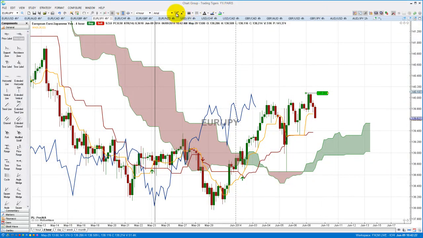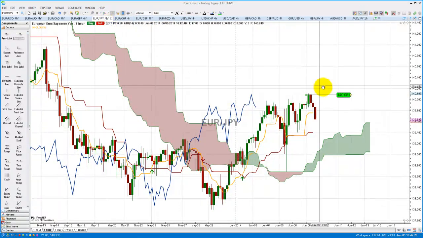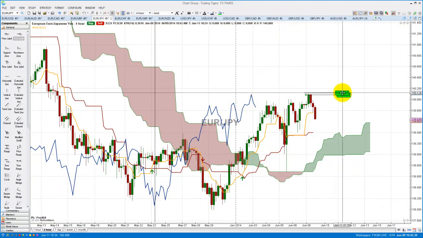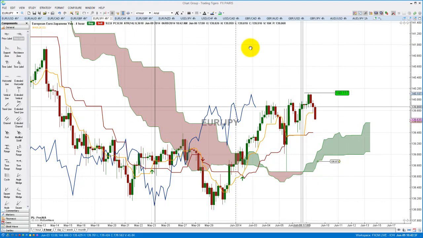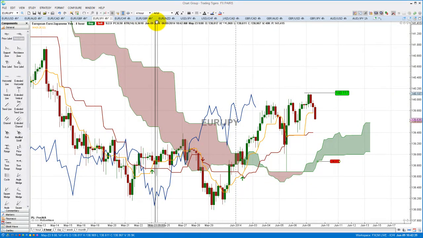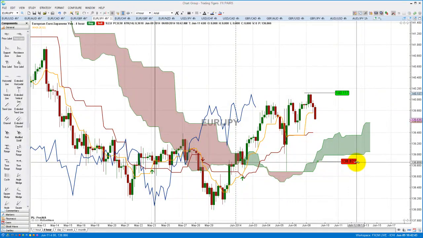That's more of a breakout strategy, but that'd be good enough for us. And we'll put our stop down here. That's how quick and easy it is to make the decisions on this system.